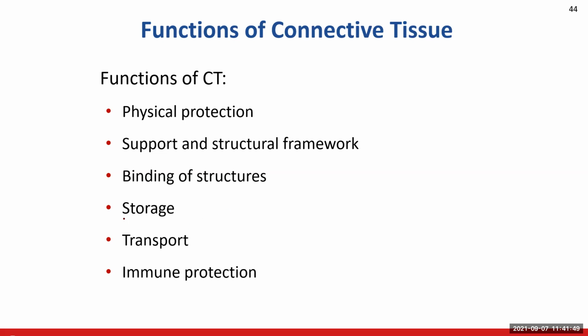Storage plays a big role, for example, adipose tissue, that's energy storage. Transport: fluid connective tissue, our blood and our lymph fluid, is going to transport things around. And then immune protection: blood, our lymph, and some of our other connective tissues like reticular will have some immune protection going on.